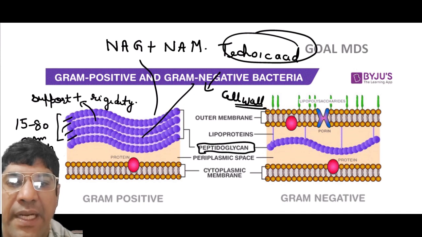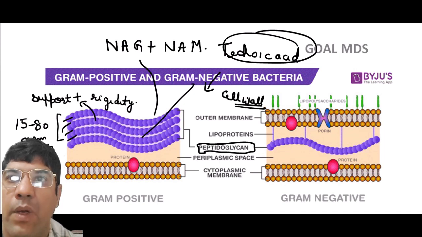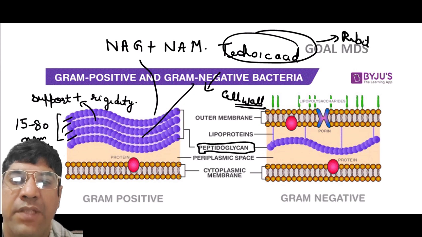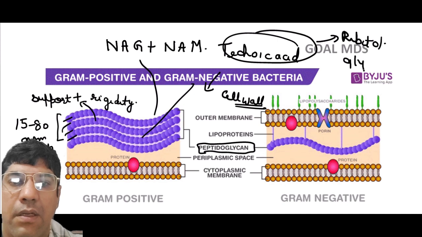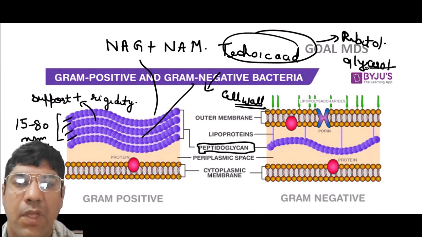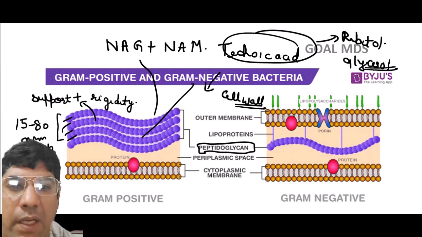So teichoic acid can contain ribitol or glycerol polymer. These polymers are linked to peptidoglycan in the cell wall.